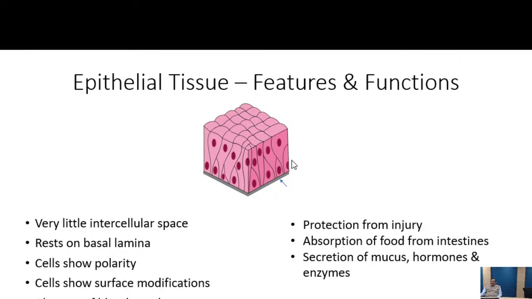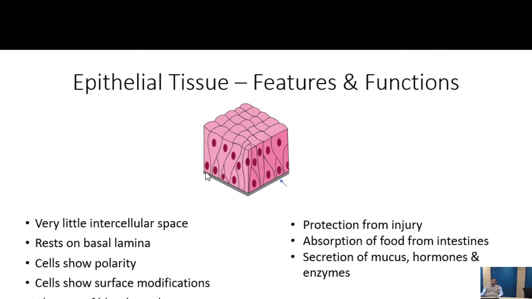It is a single layer of cells, but some cells are very short. They don't reach the surface. Other cells are tall. They reach the surface. Those cells which are short have their nuclei at the bottom, and those cells which are tall have their nuclei more towards the surface.